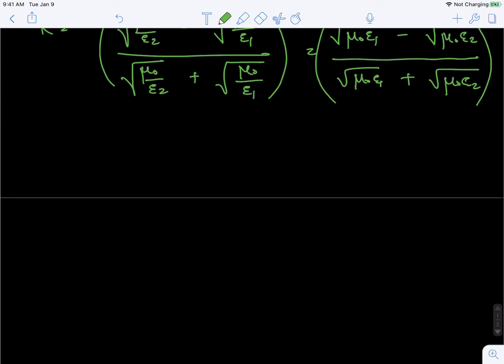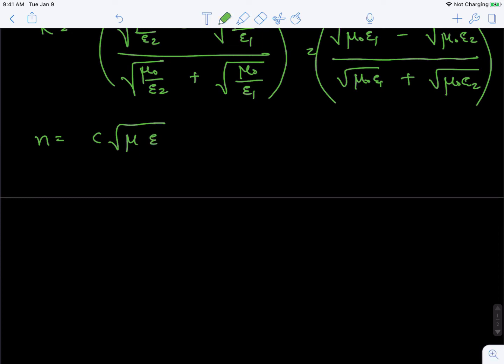Now what do we know about refractive index? We know that the refractive index n is given by n equals C multiplied with square root of mu epsilon.